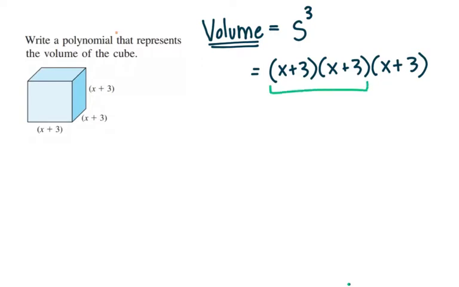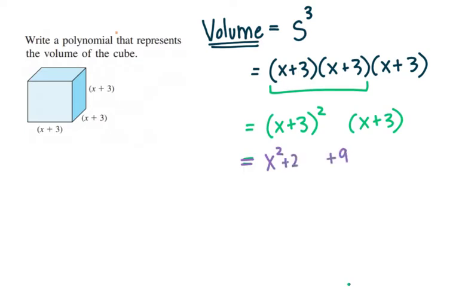I will do this binomial squared first. So remember, that's just x plus 3 squared. We'll do this other dimension last. Okay? So x plus 3 squared, the shortcut method says we do the first term squared, and then the last term squared, and then twice the first and the second term.